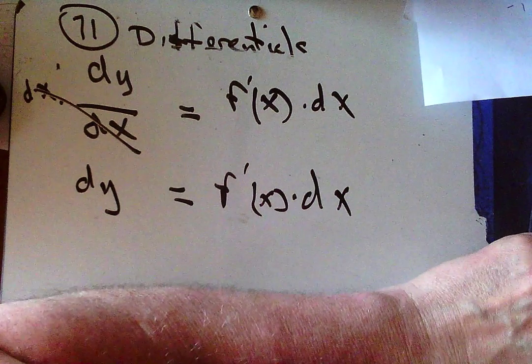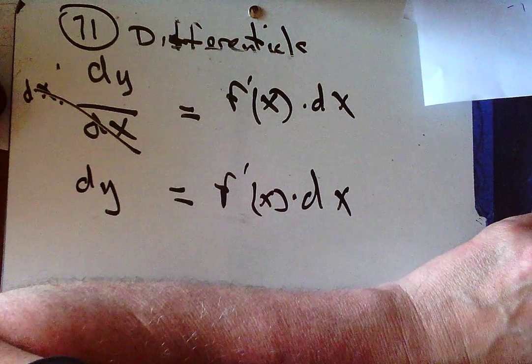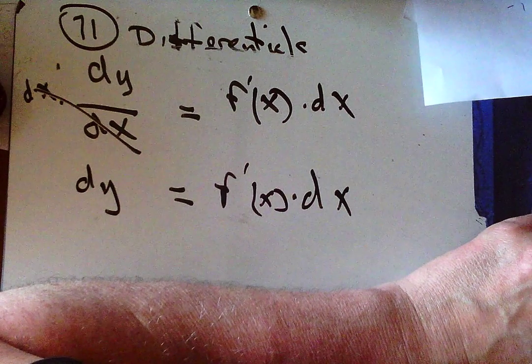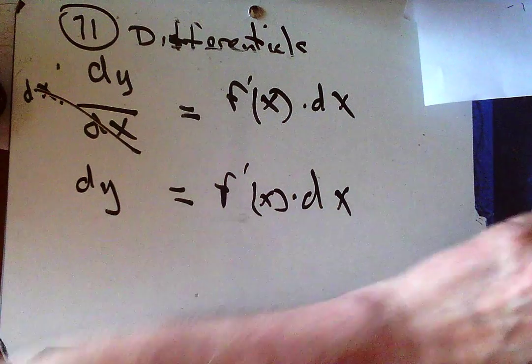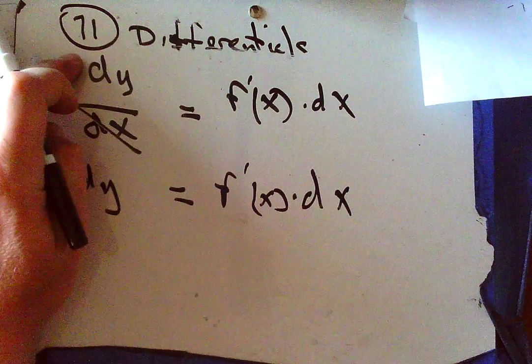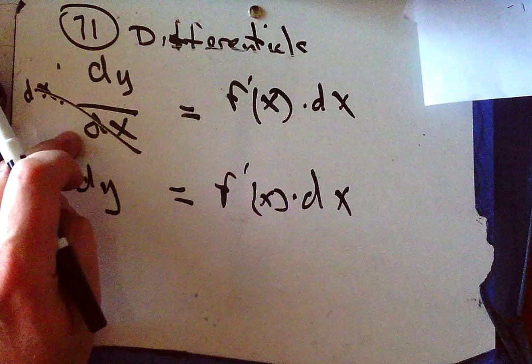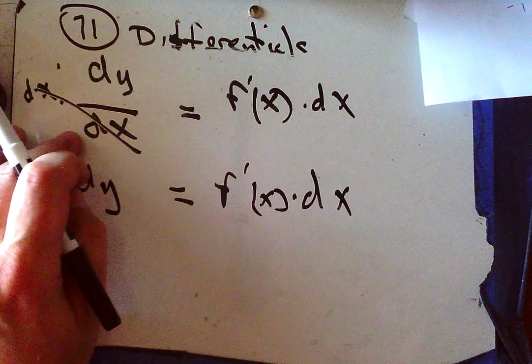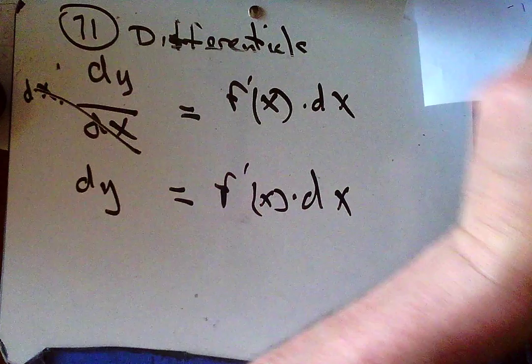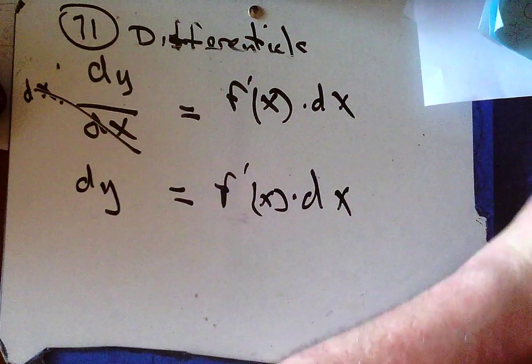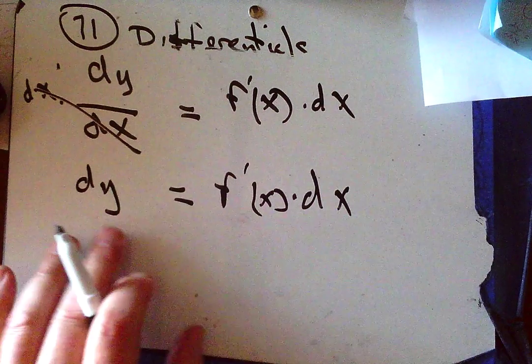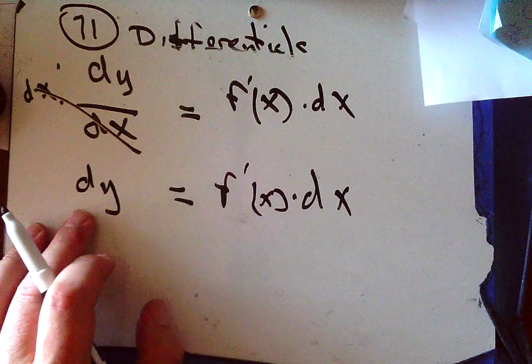It's not dy dx, it's dy over dx. I have a differential, I have another differential. And I would like to consider in a few minutes, what does this mean?